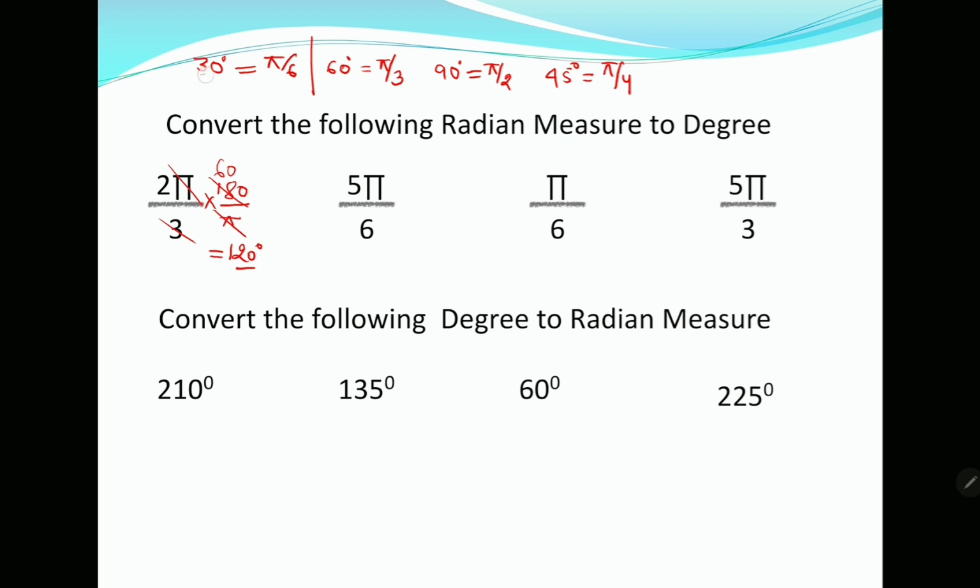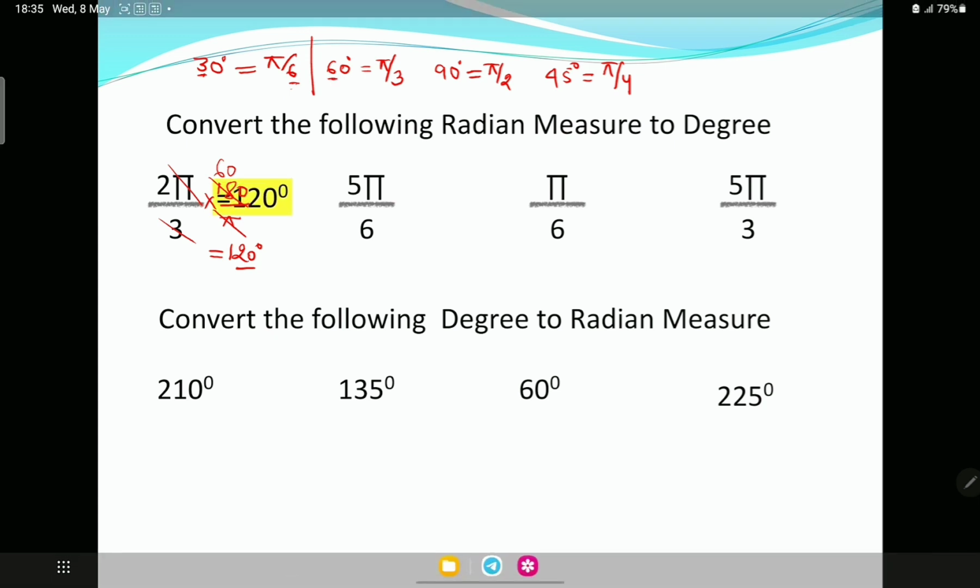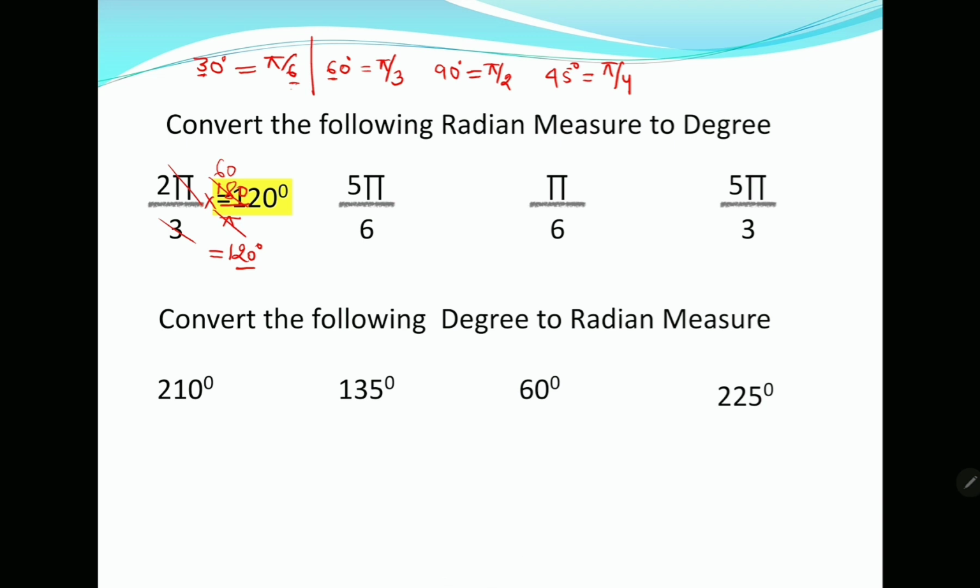So there is a direct relation between 3 and 6 for 30 degree and pi by 6. 60 degree is pi by 3, 90 degree is pi by 2, and 45 degree is pi by 4. So you can memorize these. By using these angles also we can fast convert radians to degrees.